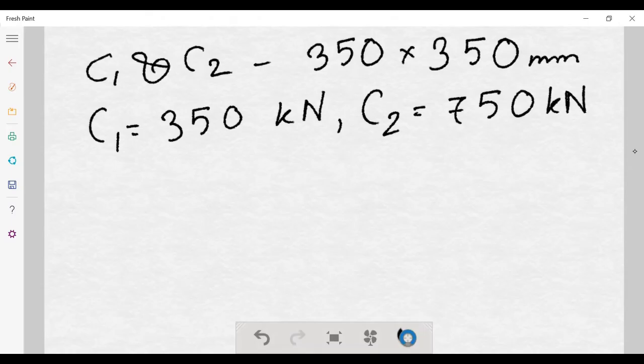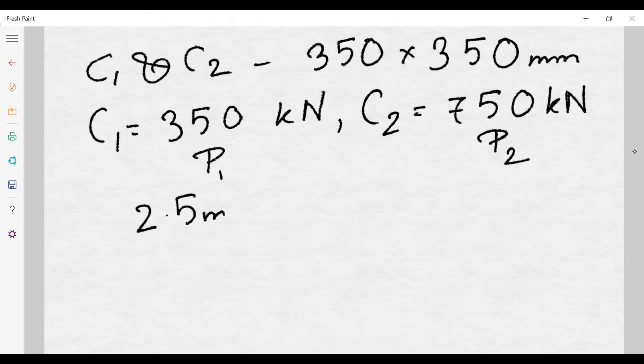I will take these loads as P1 and P2. The spacing between the two columns is 2.5 meter center to center.